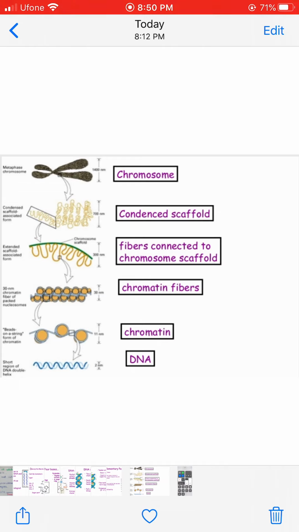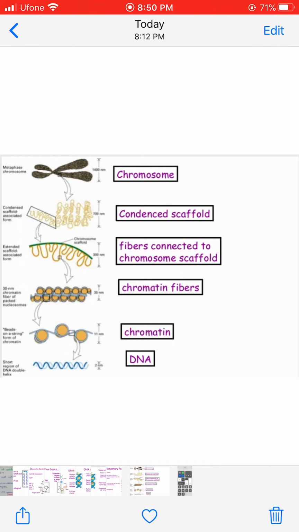And there are different parts of the chromosomes which are used for the study of chromosomal abnormalities, which is known as karyotyping.